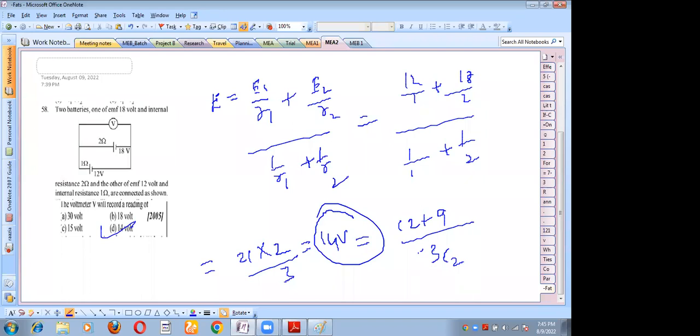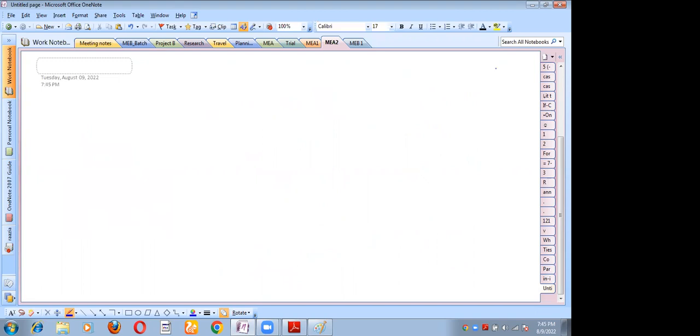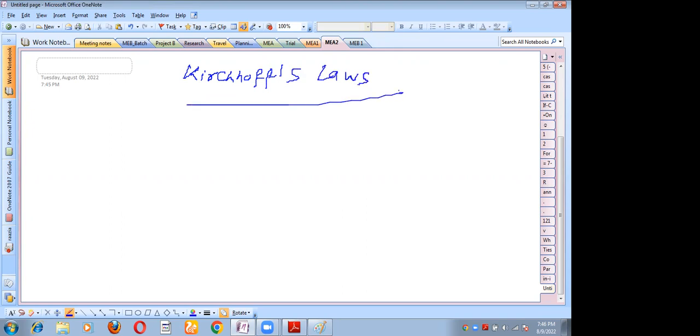Now moving to the next concept, that is Kirchhoff's law. That is very important. Basically we have two Kirchhoff laws.